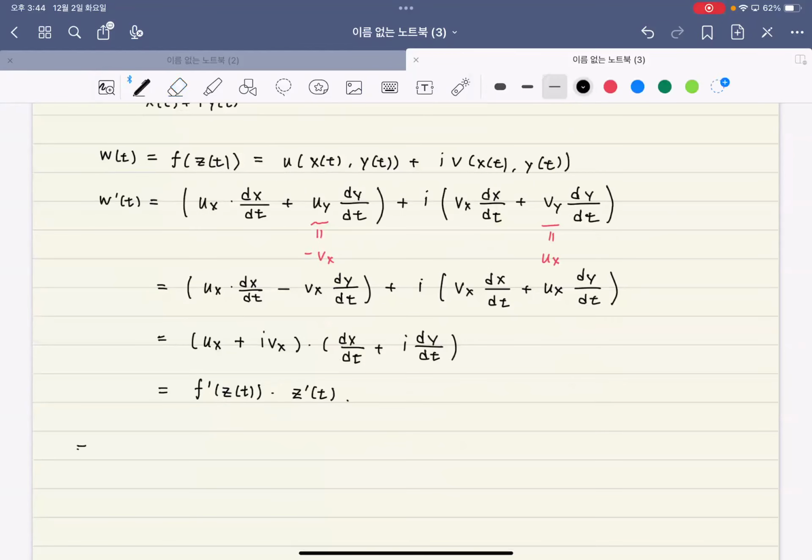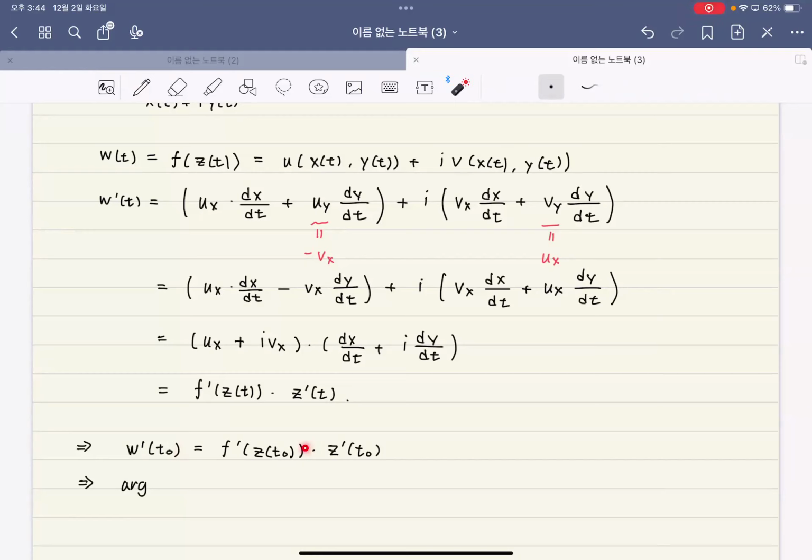So w prime of t0 is f prime of z(t0) times z prime of t0. Basically, this complex number is a product of these two complex numbers.